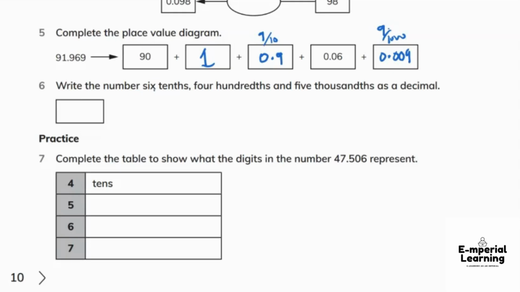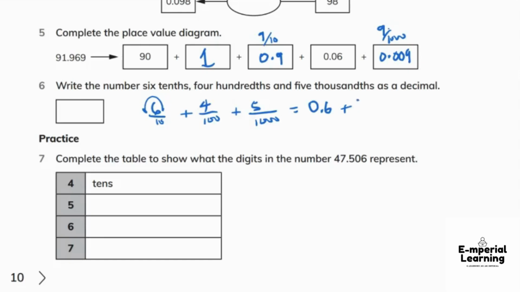Okay, so write the number 6 tenths, 4 hundredths, 5 thousandths as a decimal. So we have 6 tenths plus 4 hundredths plus 5 thousandths. Dividing by 10, the decimal point moves once to the left, so it's 0.6.